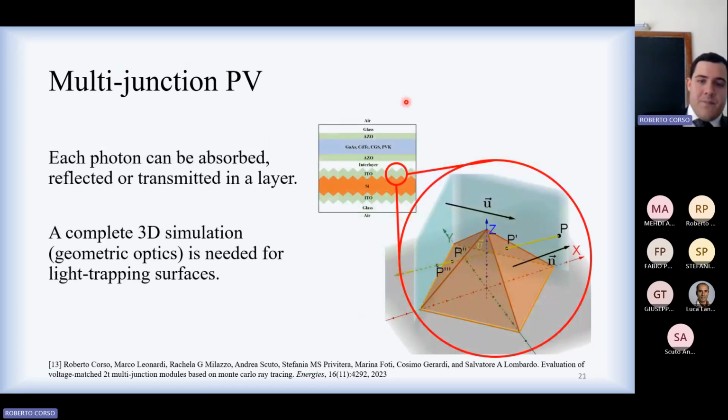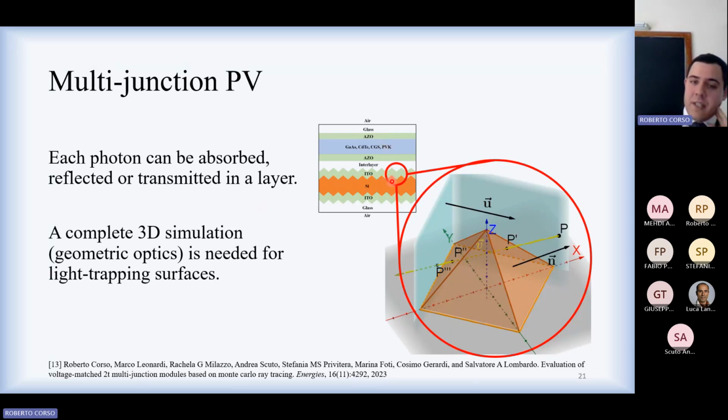So this is a Monte Carlo simulation, and in each layer, a photon can either be absorbed, if it is an absorbing medium, or reflected or transmitted at the interface between each layer.